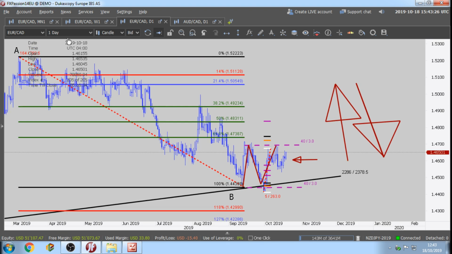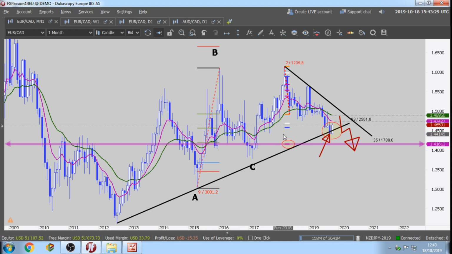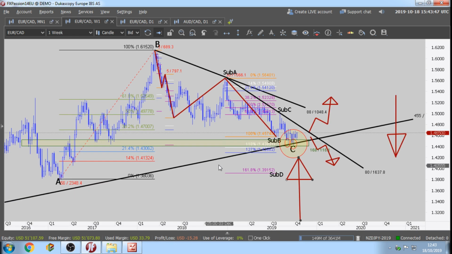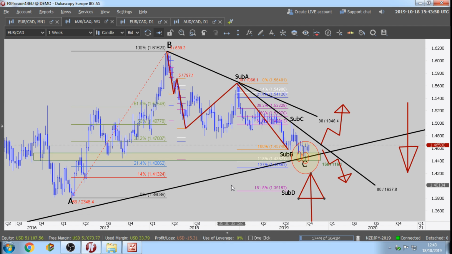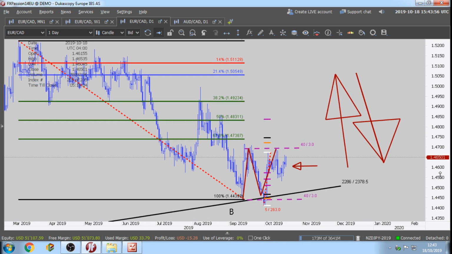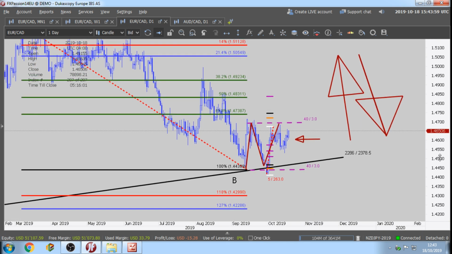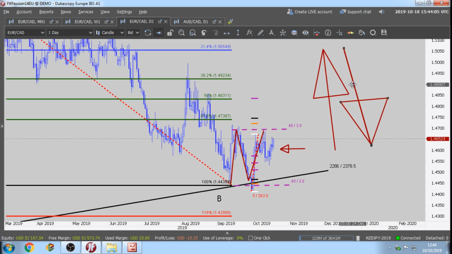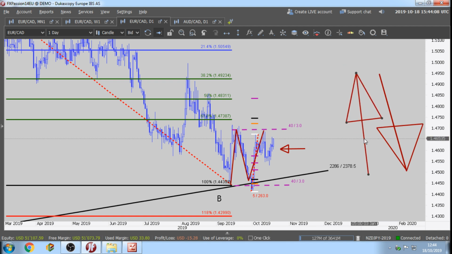So let's say like this, if the original Fibonacci, now let's remember something, the original Fibonacci is stronger than the contrarian. So if the original Fibonacci is pointing up on the monthly and it has a confirmed C, and the original Fibonacci on the weekly is pointing up without a confirmed C, and the contrarian Fibonacci is pointing up without a confirmed C on the daily, where is the greatest force?